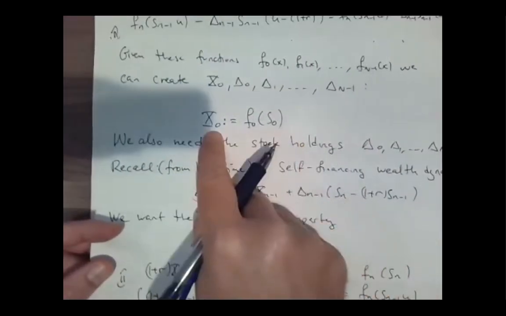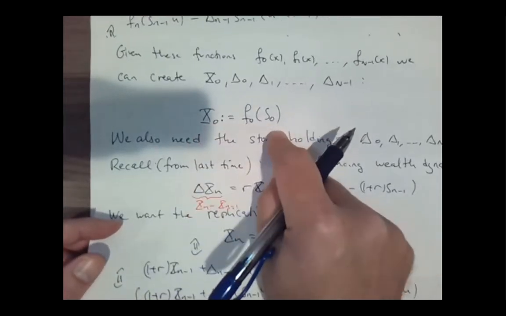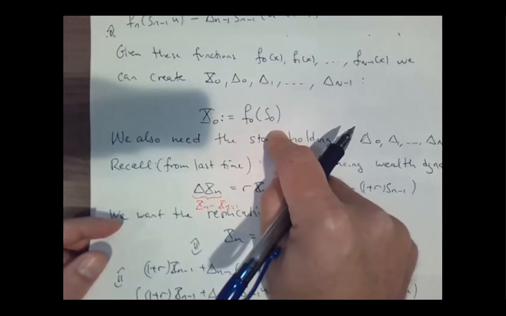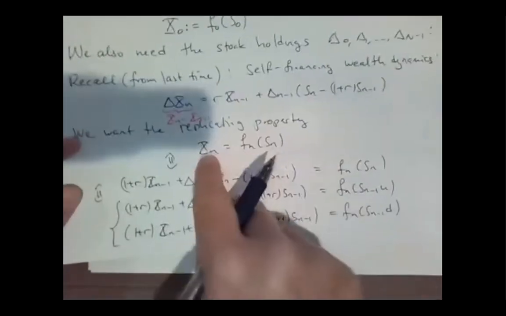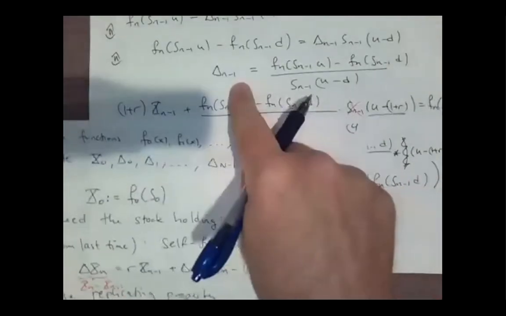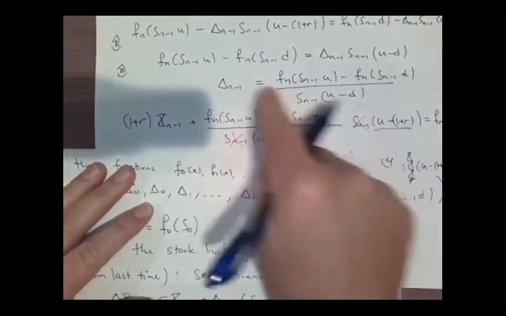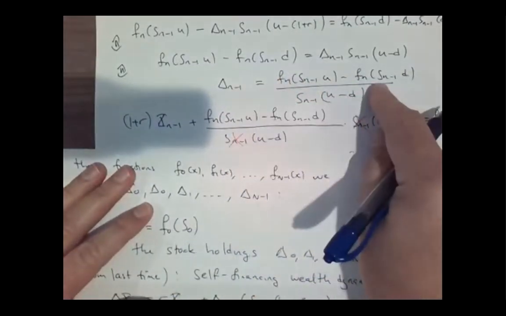What we did, because this is how we started the game, we indeed started out by saying that the wealth at time 0 satisfied this formula. So then you'll get the next property, the one at time n, provided that you define your stock holdings at time n minus 1 according to this formula.